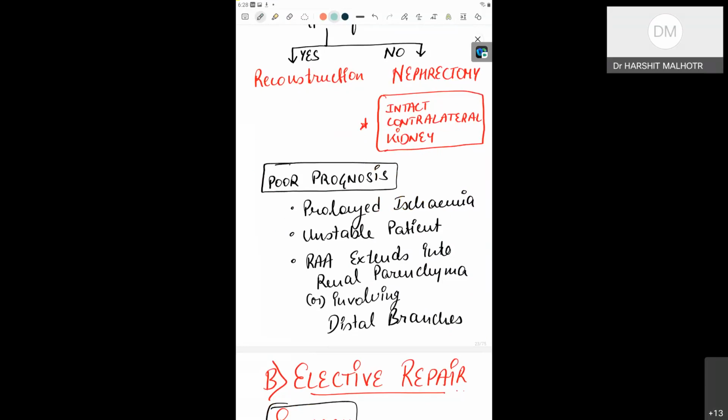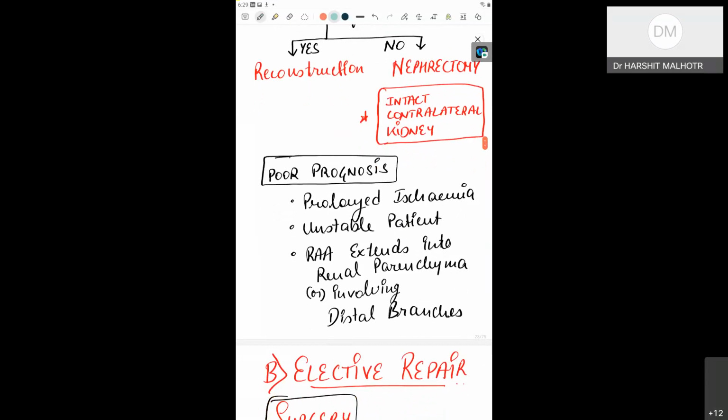As I told you, the true aneurysms involve only the primary and secondary divisions, up to the segmental branches, that is, extraparenchymal. But once it goes into the parenchyma or involves the distal branches, then it is a poor prognosis, because it is very difficult to reconstruct these vessels.